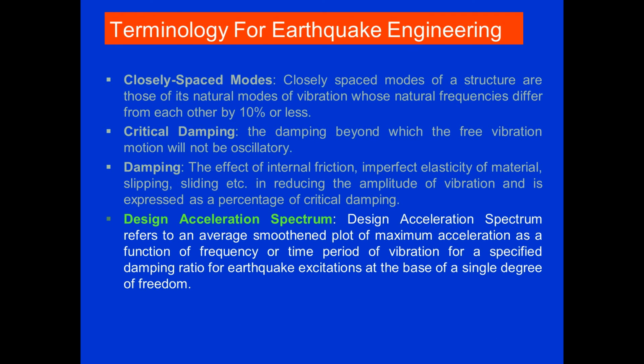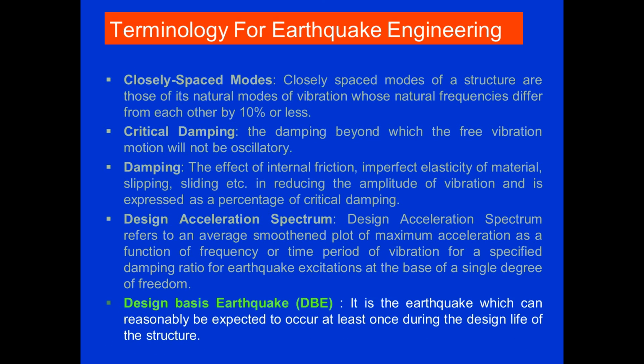Then design acceleration spectrum, it is nothing but an average smooth plot of the maximum acceleration as a function of frequency or time period, for a specific damping ratio for the earthquake excitation at the base of a single degree of freedom system. Then the design basis earthquake, DBE, which can reasonably be expected to occur at least once during the design life of the structure.